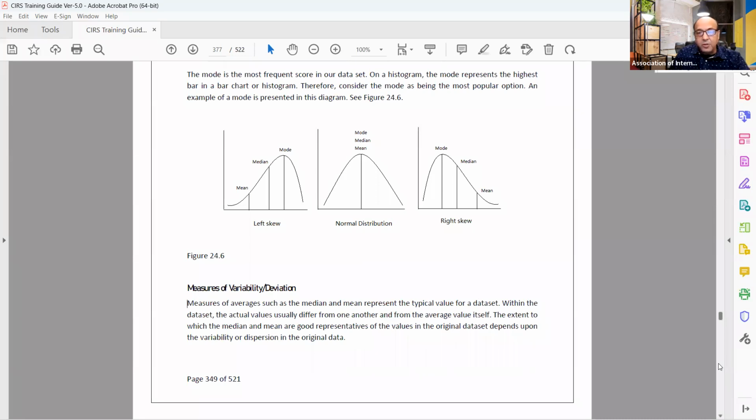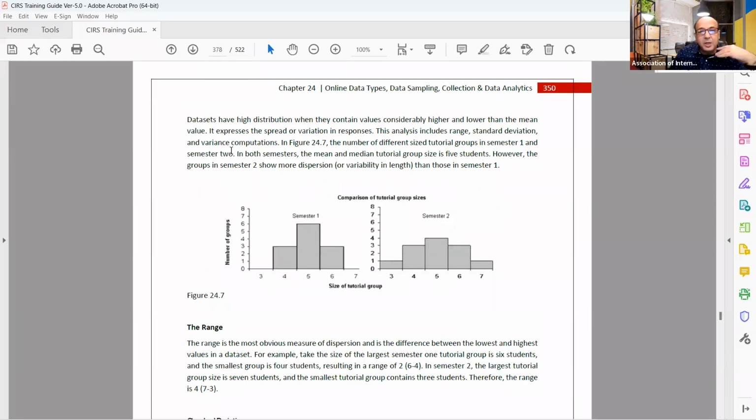Now, if it is confusing for you, you can look at this chart, which is given with more detailed explanations. It talks about chart 24.7, the number of different size tutorial groups in semester 1 and semester 2. In both semesters, the mean and median tutorial group size is 5 students.